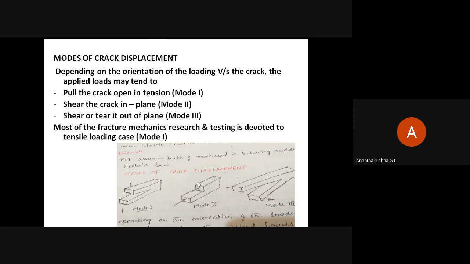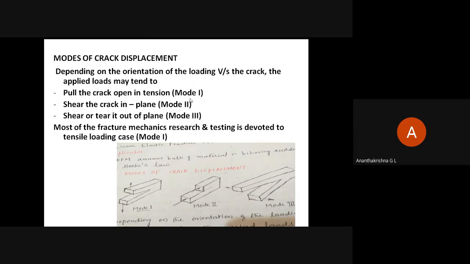You pull in this direction, and the plate or material is going to get torn out. Tearing of the component takes place when you have one load in this direction and another in this direction. If you take this as the y direction, the other is the x direction pulling. When you have x direction pulling, it will essentially tear the plate or component. This type of failure is called mode 3 crack displacement.